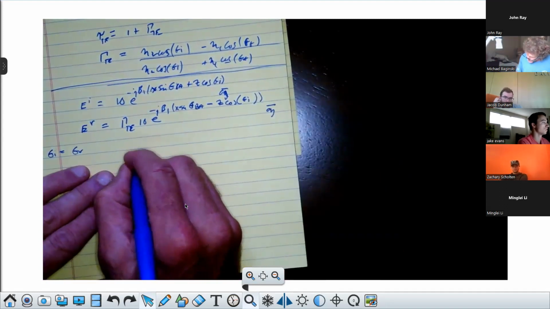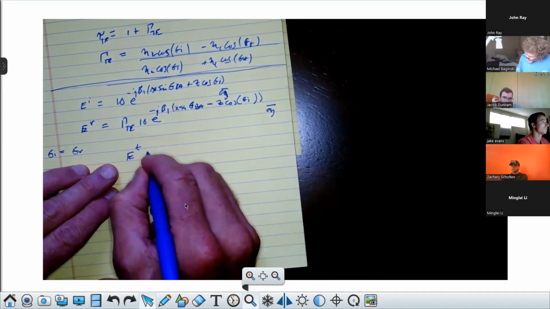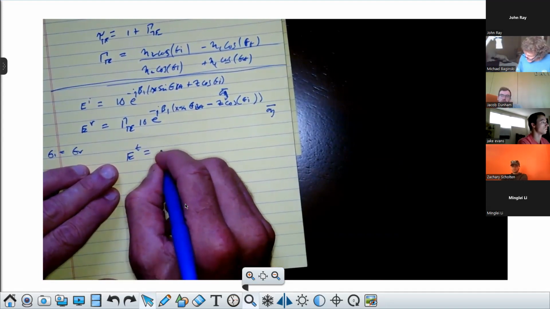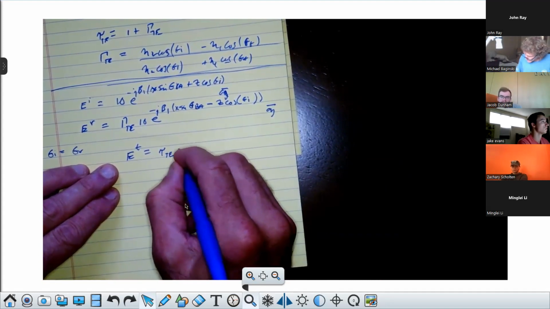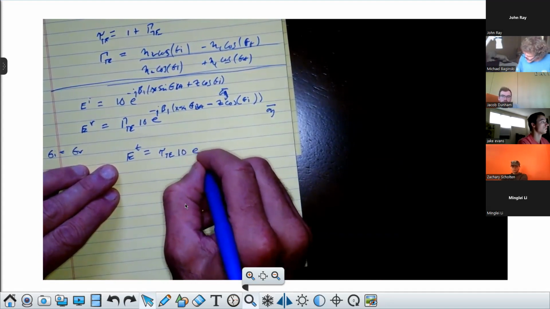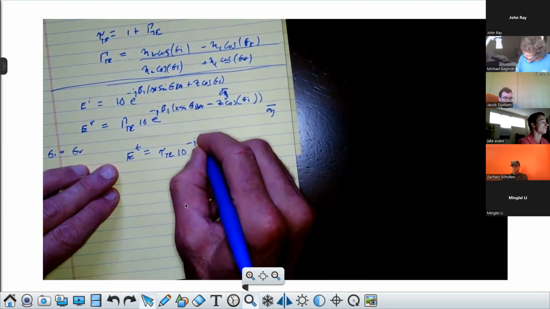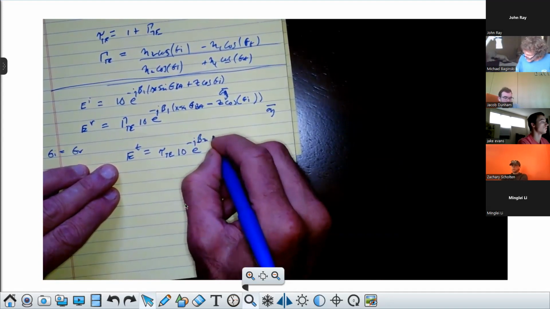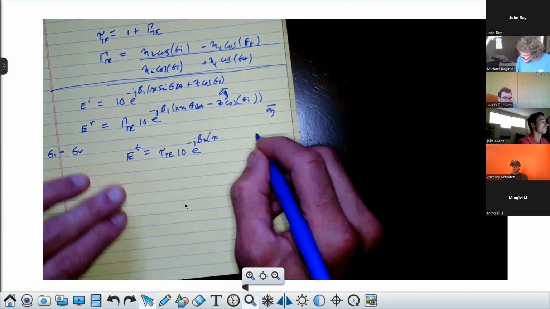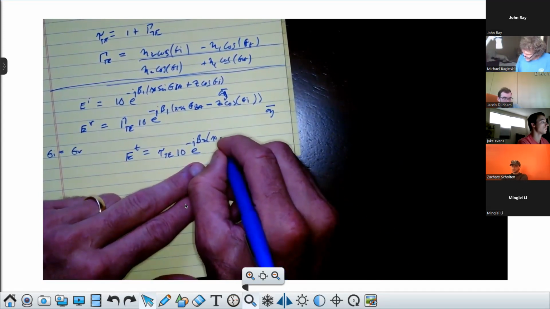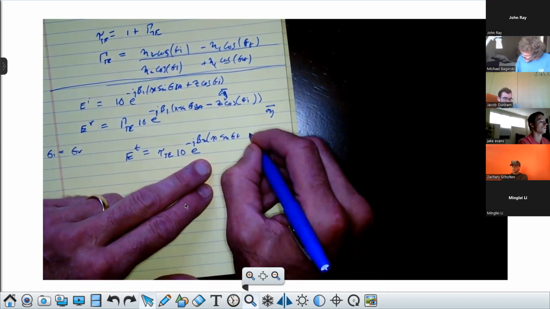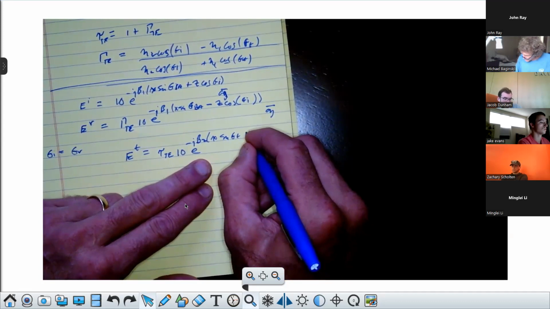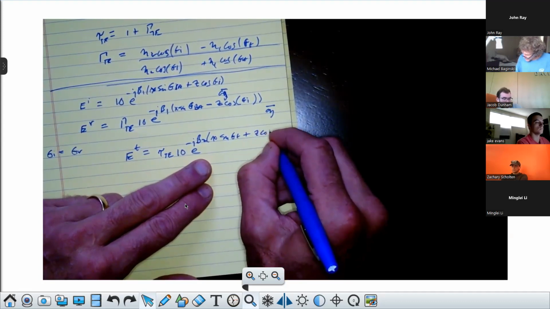And the transmitted field for the TE mode is going to be the transmission coefficient times 10, and here it's going to be e to the minus j beta 2, times x sine of theta transmitted, plus z cosine of theta transmitted, in the AY direction.